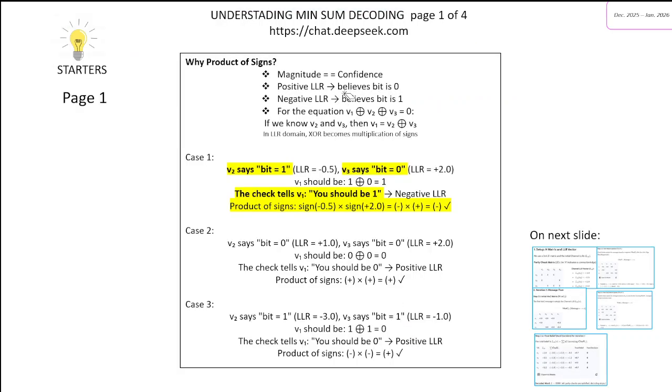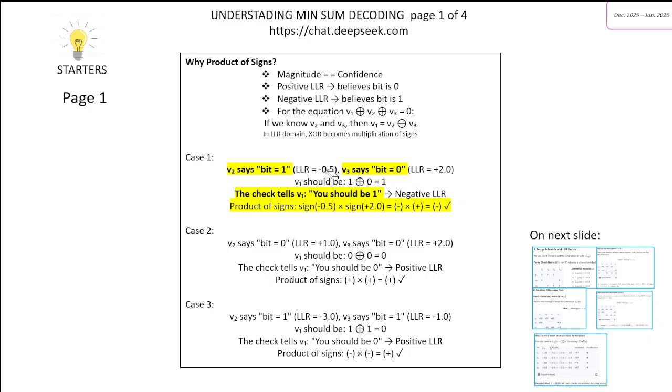So we start from LLR with our previous knowledge, and we have these equations. These are called parity check equations. They should sum up to 0 for even parity checks. Now with these mandatory conditions, let us say that we have a parity check equation and two of the bits say that they are 1 and 0. How?